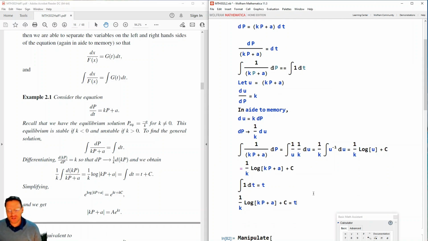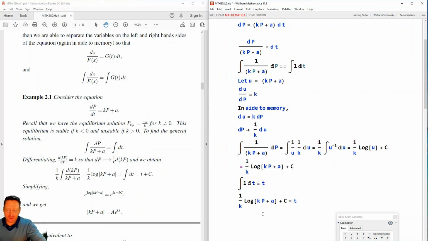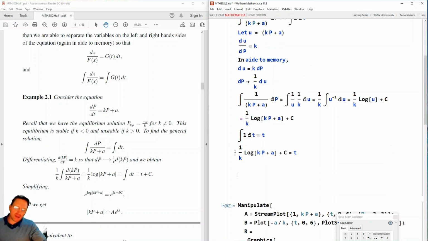Now I want to rearrange this. So I'll multiply throughout by k, and so then we'll have log of kp plus a is equal to kc plus kt.